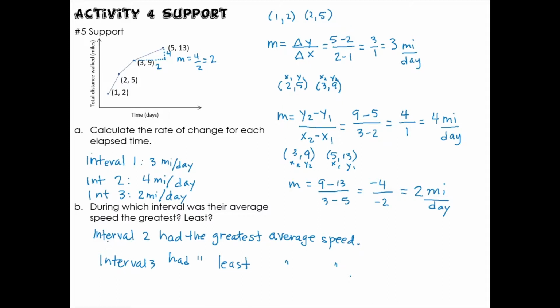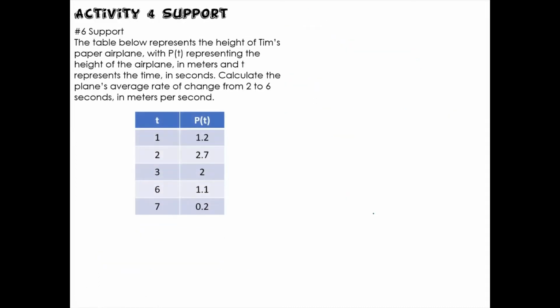All right, so for the next one, we're going to the next number. All right, number 6. The table below represents the height of a paper airplane. I don't know if you're into paper airplanes, but one of my sons is.